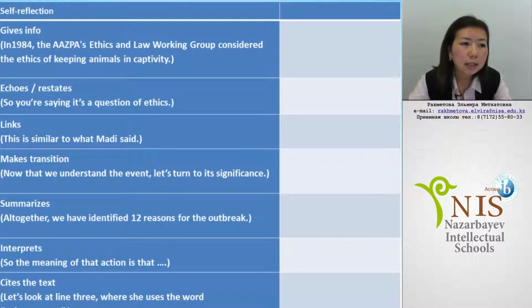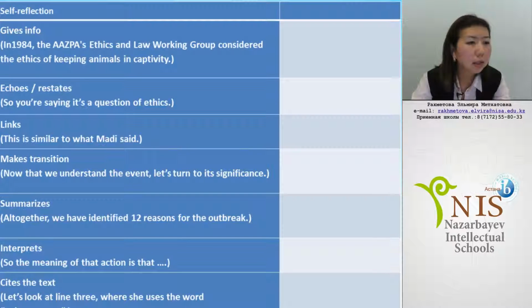And the next is self-reflection. So after this discussion, students will reflect on their speaking skills, and the first one gives info. According to the information, they will give information to each other, and they can support or give an opposite opinion to their opinion.